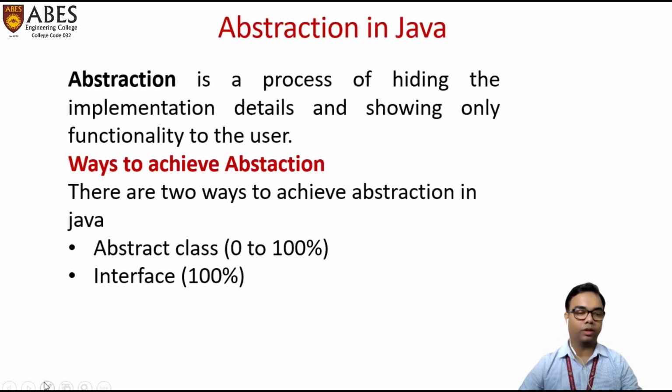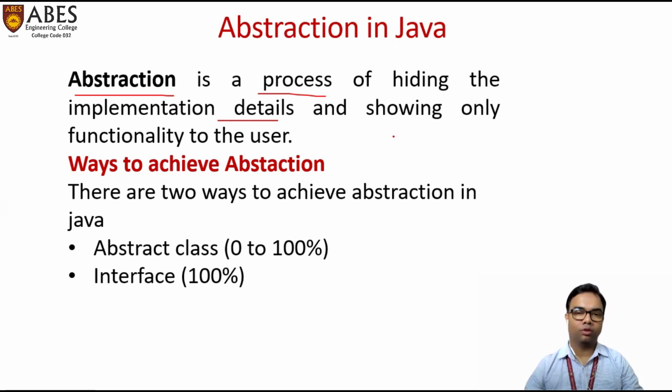So basically, what is abstraction? Abstraction is a process of hiding the implementation details and showing only the functionality to the user. Suppose I want to switch on the fan. There is a background process: when you turn on the switch, current flows to the fan, a torque is generated, and the torque rotates the fan.